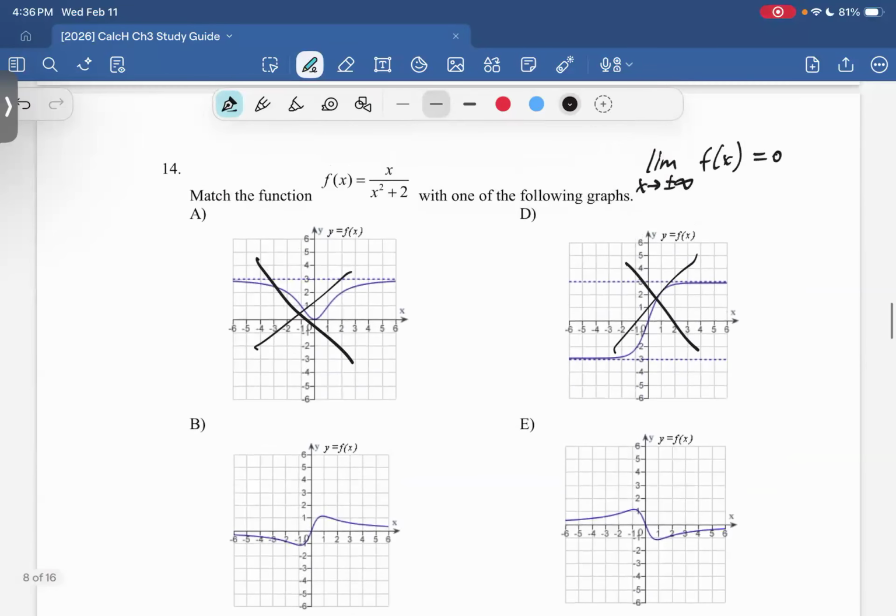There are some other things you can do. You can plug in some simple values. We know that when x is positive, the function must be positive. In other words, f of x is greater than 0 when x is greater than 0.